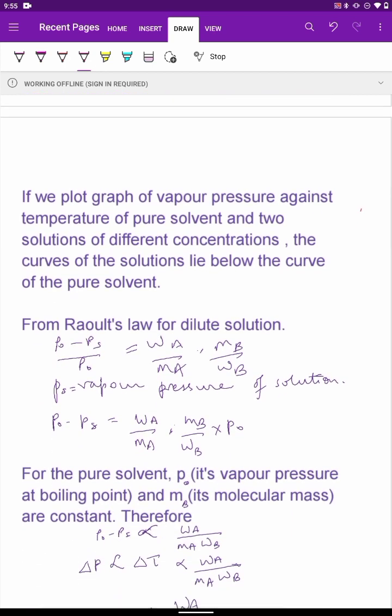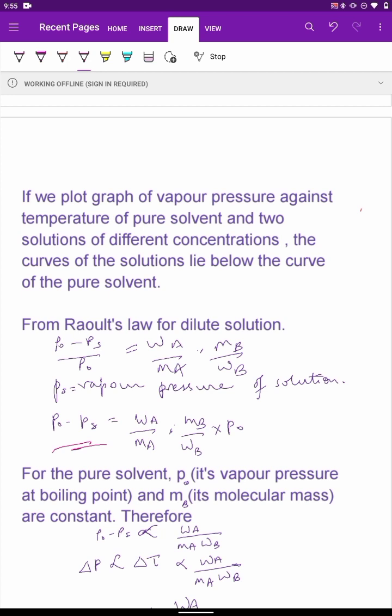We know from Raoult's law of dilute solutions, which we have already seen earlier, that when the vapor pressure of the solution is Ps, P0 minus Ps by P0 is equal to Wa by Ma into Mb by Wb. If we shift P0 to the other side, we get P0 minus Ps is equal to Wa by Ma into Mb by Wb into P0.